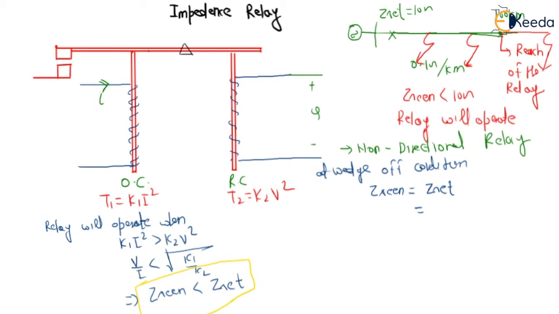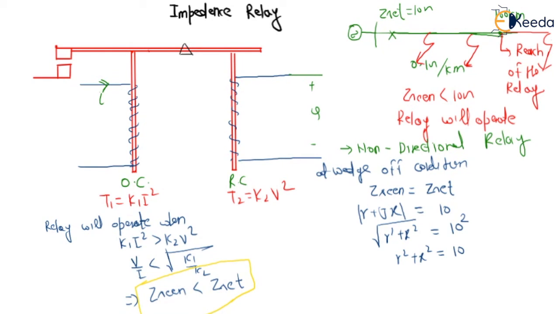So R plus jX is equal to something, let us assume 10 ohm. So under root R square plus X square is equal to 10, which means the mod of this is 10, so we can write R square plus X square is equal to 10 square.